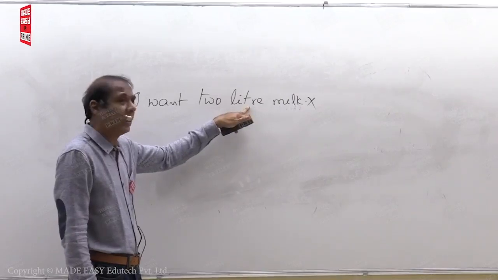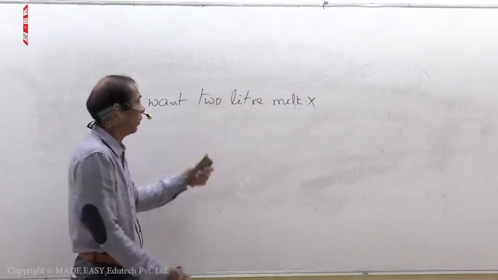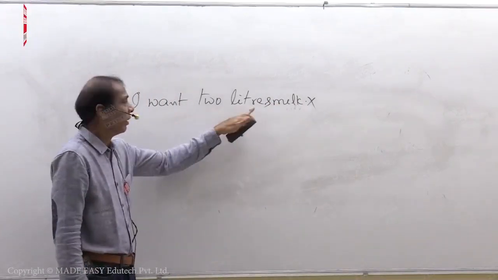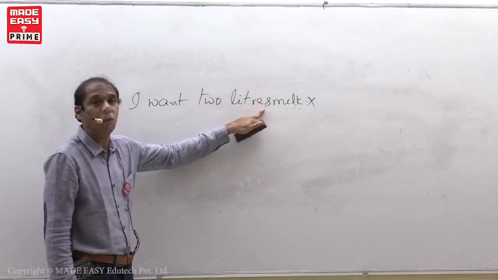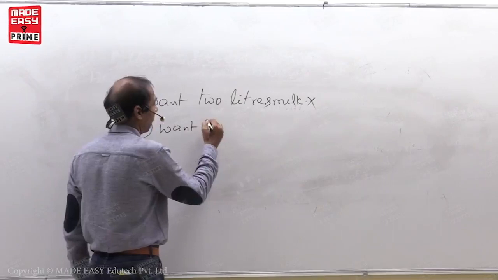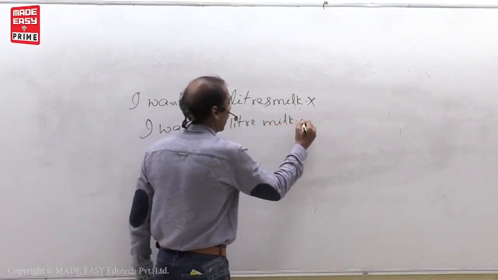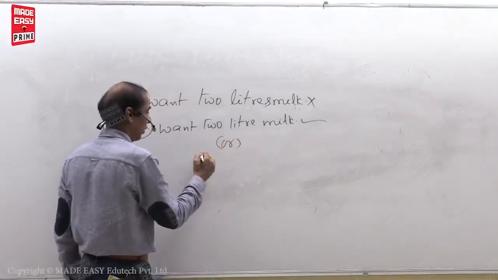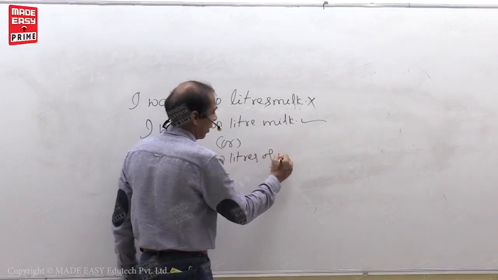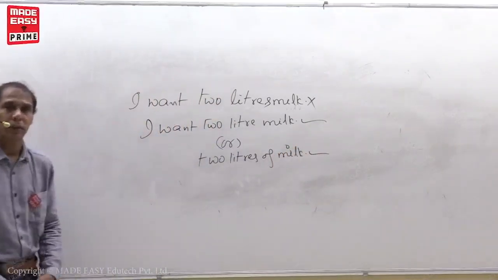When this word is indicating measurement, if it is preceded by a numeral like this, it does not take plural form. What you have to say? I want 2 liter milk. That's all. This is correct. Or else 2 liters of milk. This is also correct. That's it.